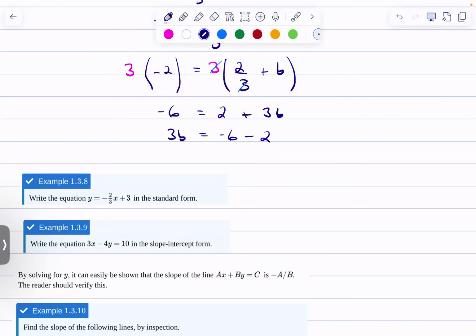Oh, I did a thing where I kept this on this side and I moved this 2 over here, but then I did a switcheroo, just to keep you on your toes. You don't have to do that. But it's a habit I can't break. As soon as I have something that I'm solving for, I just immediately put it on the left.